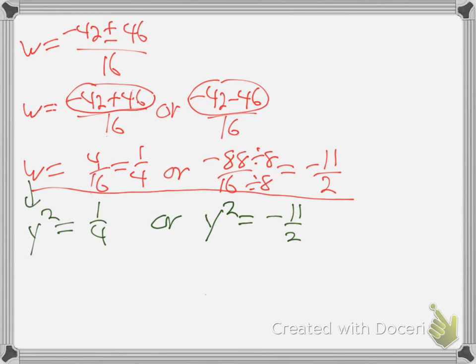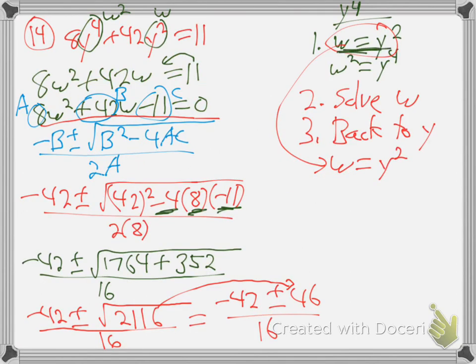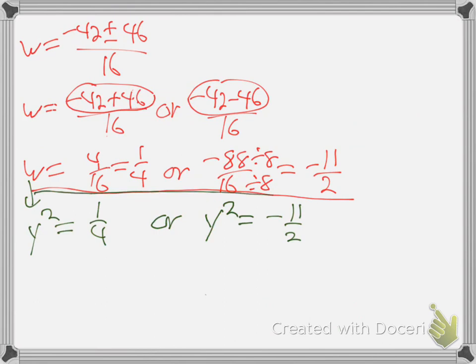We changed to w, solved for w, and now we go back and ask, what is w? y squared. So how do you finish solving for y? Square root, plus or minus. You put the roof on the house. y equals plus or minus the square root of 1, which is 1.